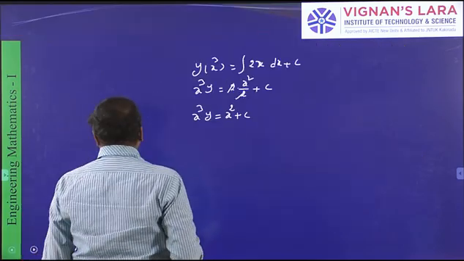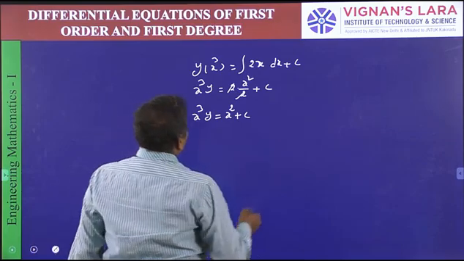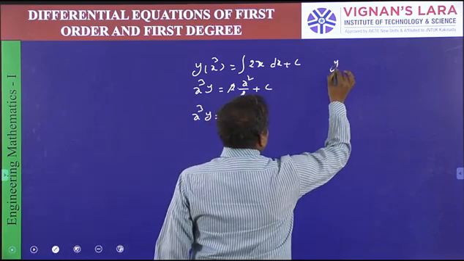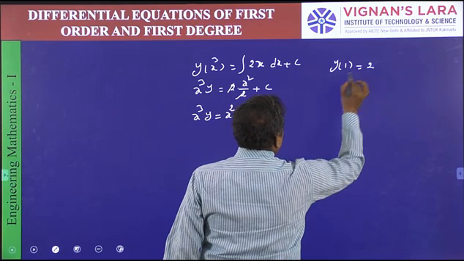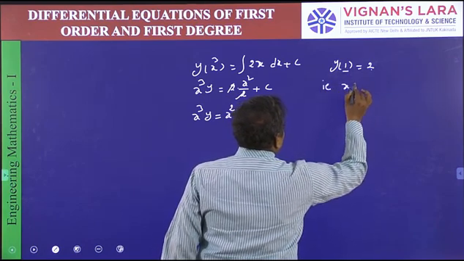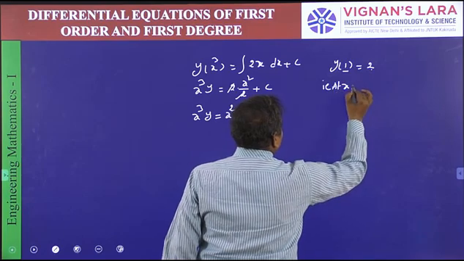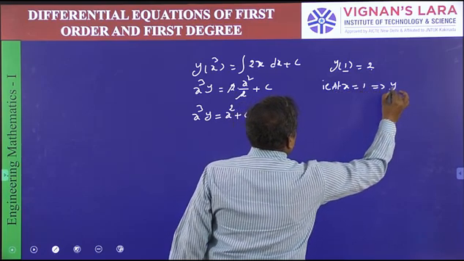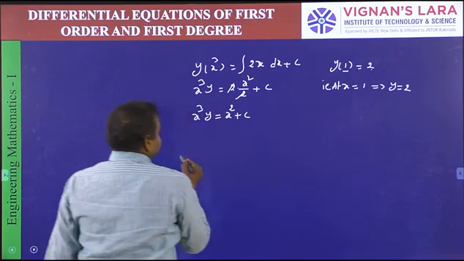So what is the condition? y of 1 is equal to 2. That is, this one is x and this one is y, so at x is equal to 1, the y value is 2. So we are substituting.